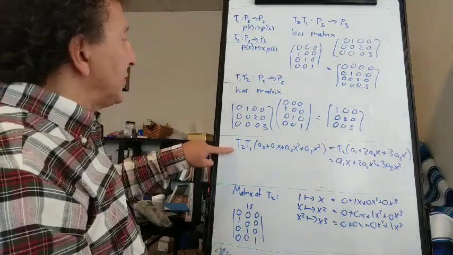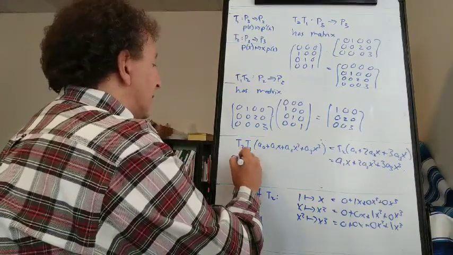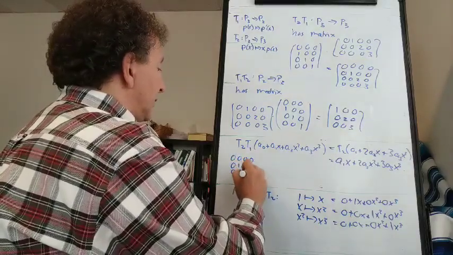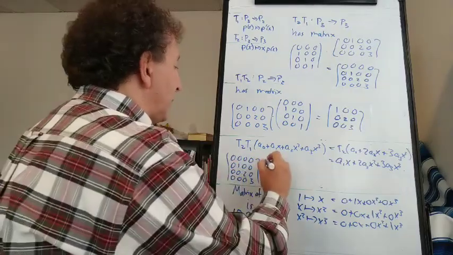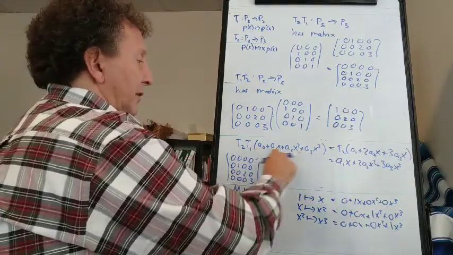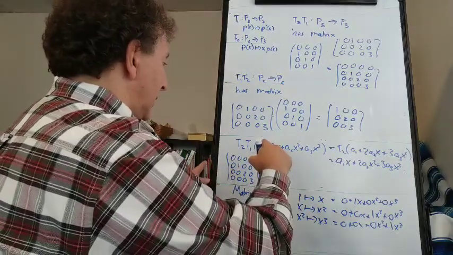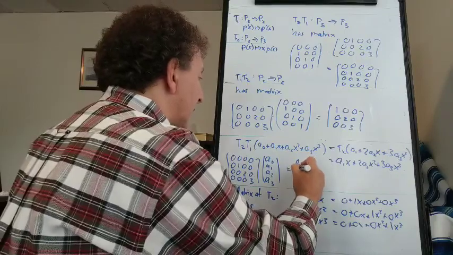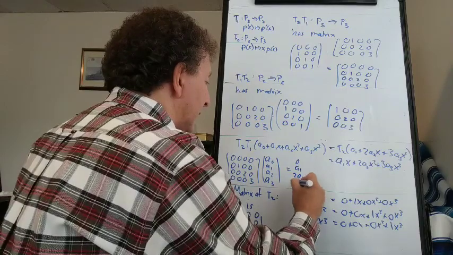And if we take the matrix of T2, T1, that's 4 zeros, 0, 1, 0, 0, 0, 0, 2, 0, 0, 0, 0, 3, and multiply that by A0, A1, A2, A3, the coordinate vector of this polynomial with respect to the natural basis, we get 0, A1, 2A2, and 3A3.